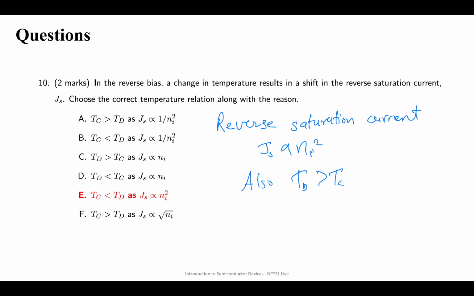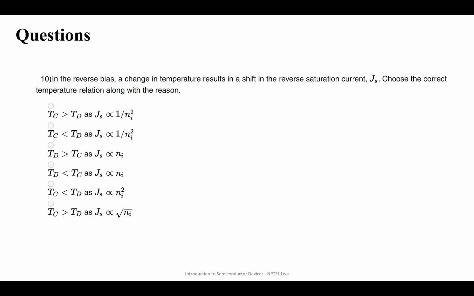In reverse bias, a change in temperature results in a shift in the reverse saturation current Js. Choose the correct temperature relation along with the reason. Tc greater than Td as Js is proportional to 1 by ni square.